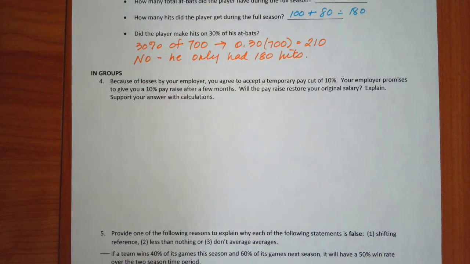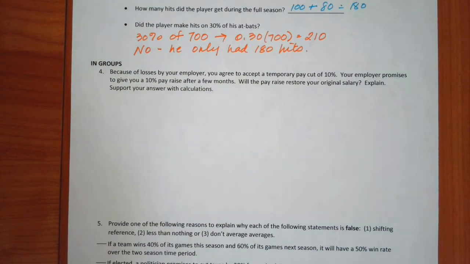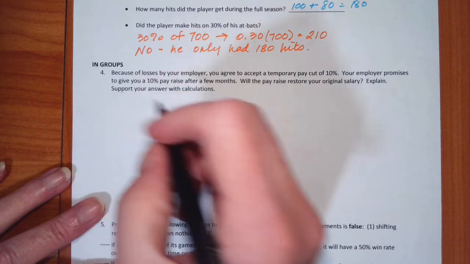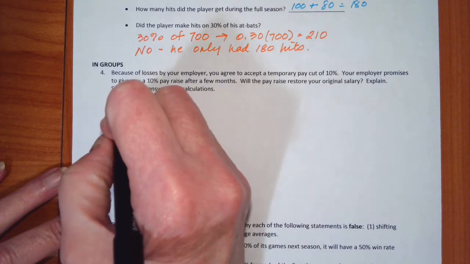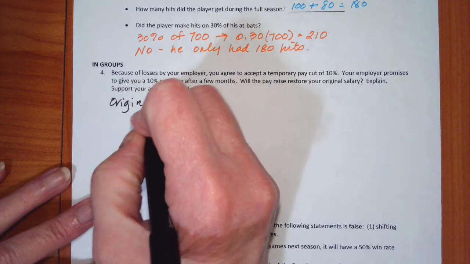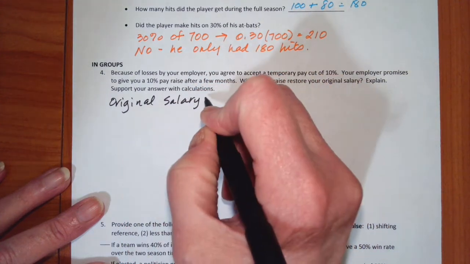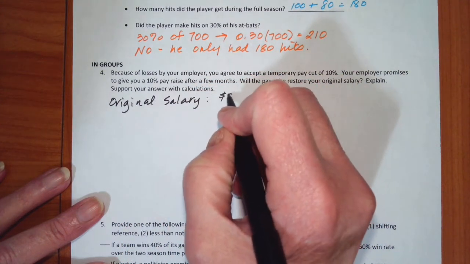Well, let's see. They don't give us an amount, but since we're dealing with percents, it is going to be the same no matter what. So let's start out with your original salary, and let's just say it's $50,000.